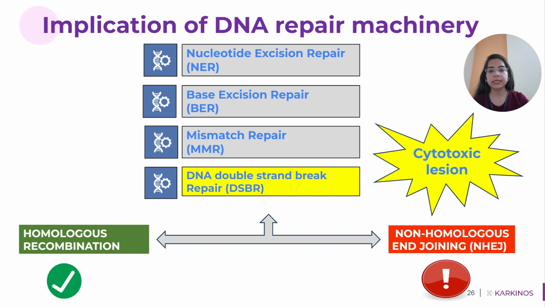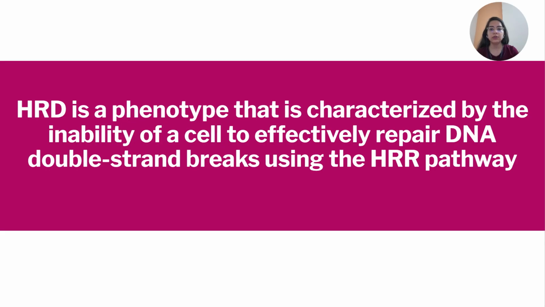But if this pathway is absent or the cell is incapable of using this pathway, the cell is finally forced to perform double strand break repair using non-homologous end joining, which is an error prone pathway. So homologous recombination deficiency is a phenotype characterized by the inability of a cell to effectively repair double strand breaks using the homologous recombination repair pathway.